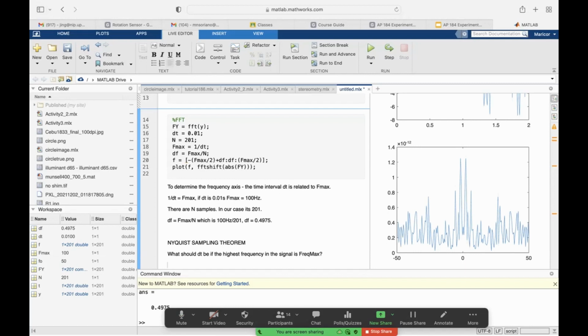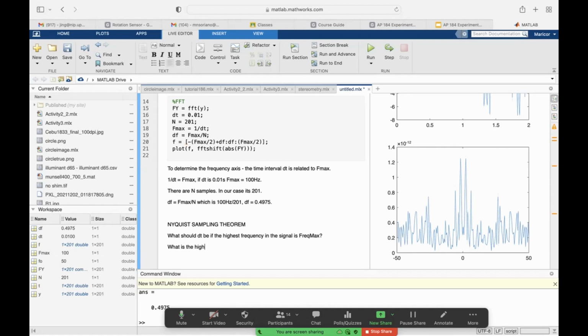Or another question, we can flip this question, we can ask, what is the highest frequency signal which a sampling interval can detect? Tama ba yung English ko, guys?